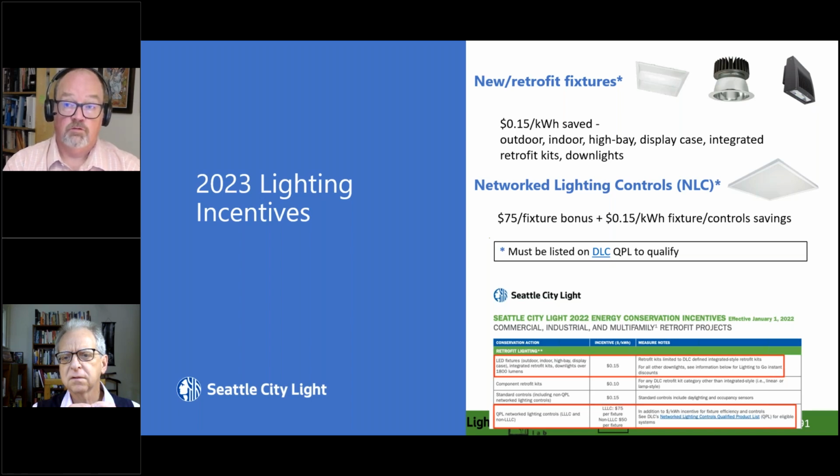For a 2x2 troffer, you can pay anywhere from say $80 a fixture up to $500 a fixture, depending on how you've configured it. I would typically expect a middle of the road, reasonable quality 2x2 luminaire to be somewhere in the $120 to $150 range, and that's again on the lower end. You can go much higher than that.